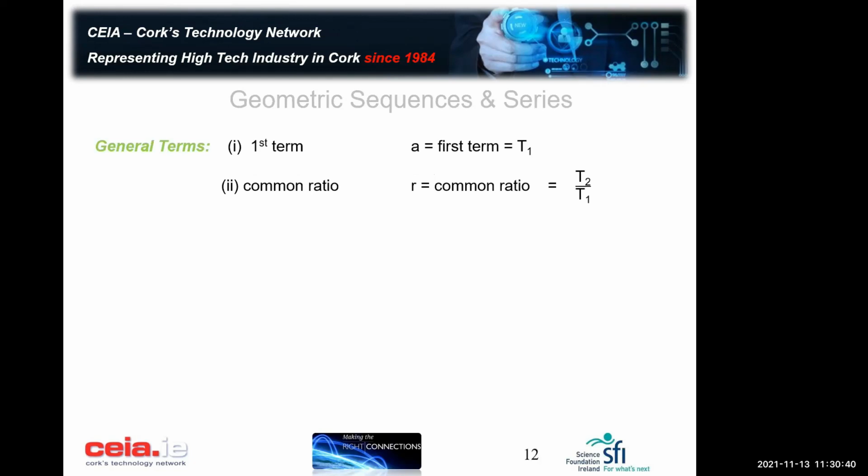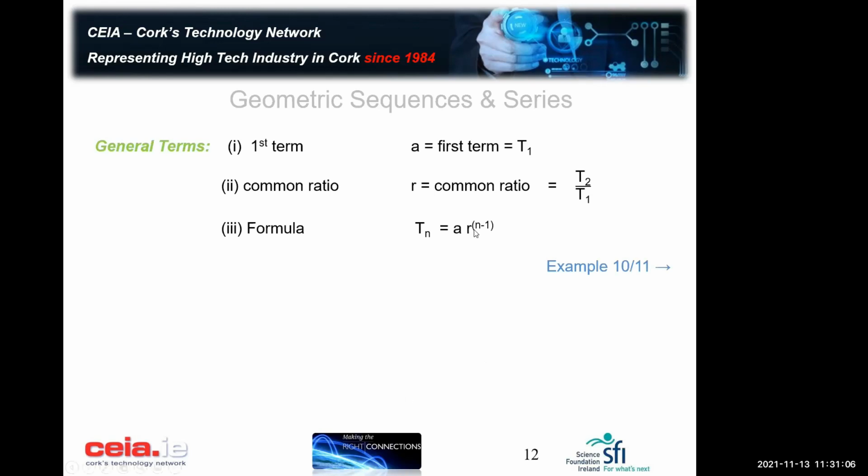It's a common ratio because you're dividing one term by the other, and it's a ratio. The formula is of the format t of n is equal to a times r to the power of n minus 1. Again, you can see there, in order to find the nth term, you need to use n minus 1 in the formula.